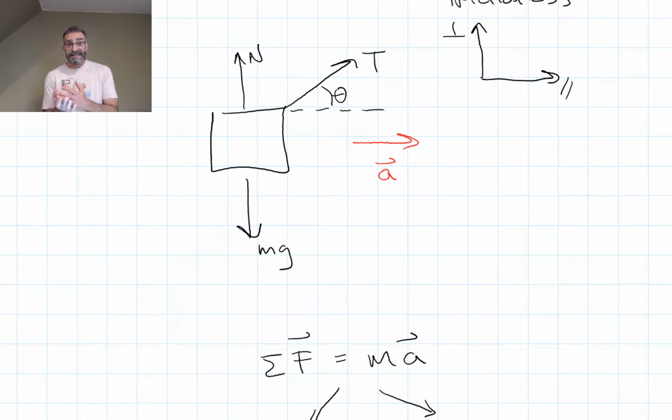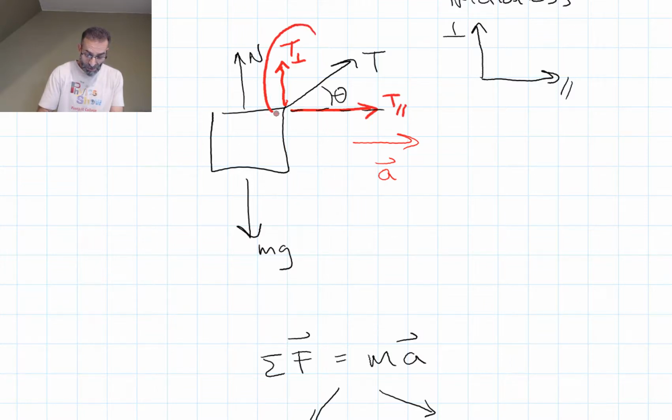The floor does not have to hold up the whole weight of the object, because part of the pulling force from the string, if we break up the string into components, part of the pulling force of the string is holding up some of the weight of the box. So the floor doesn't have to hold up as much.